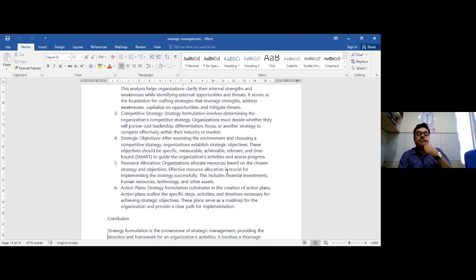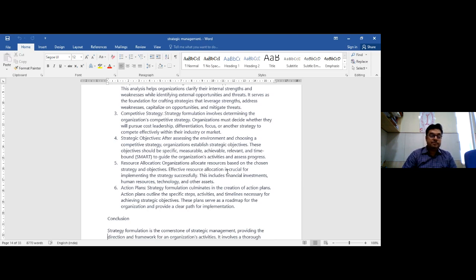These plans, in the long run, would serve as a roadmap for the organization and provide a clear path for its implementation.